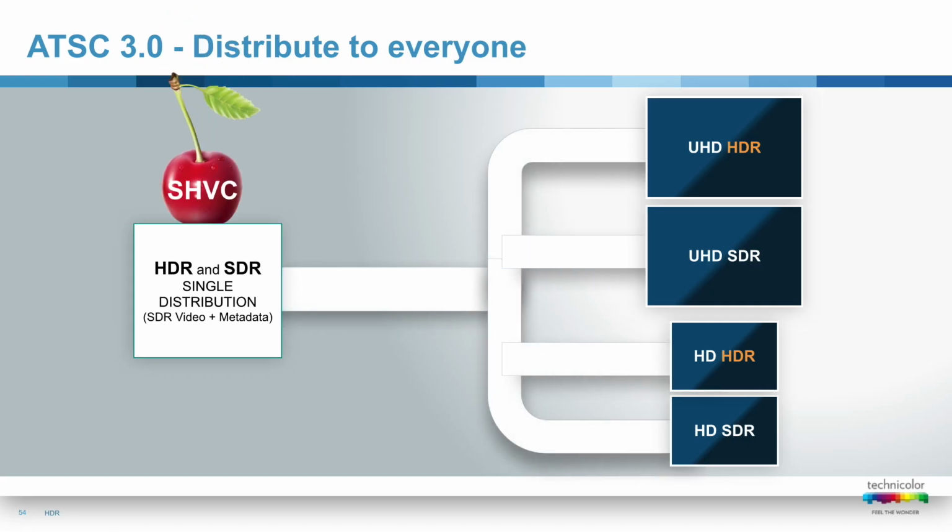So if I've already done a single distribution for HDR and SDR, the cherry on top is changing to a compression format called SHVC. SHVC allows for spatial scalability, which is resolution scalability within the signal. This means that I can now take one backwards compatible signal, scale it spatially for the UHD TVs, and represent it correctly on my HD TVs as well.